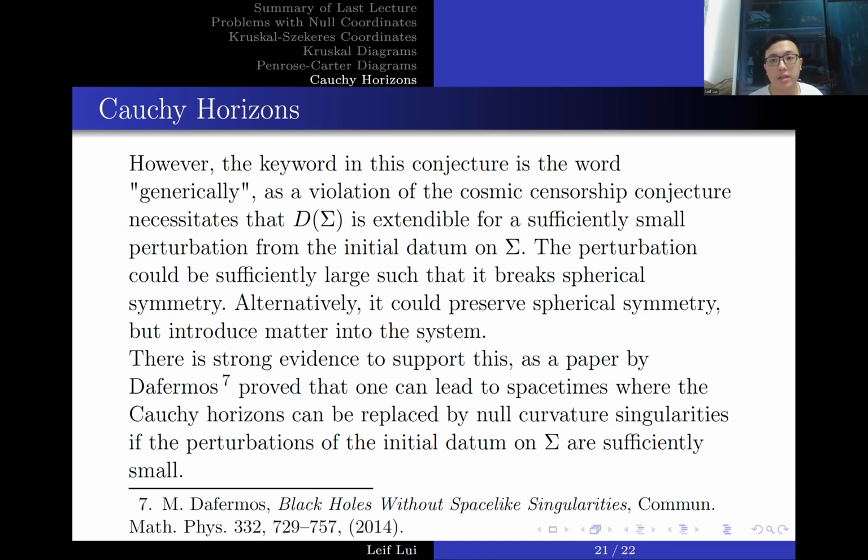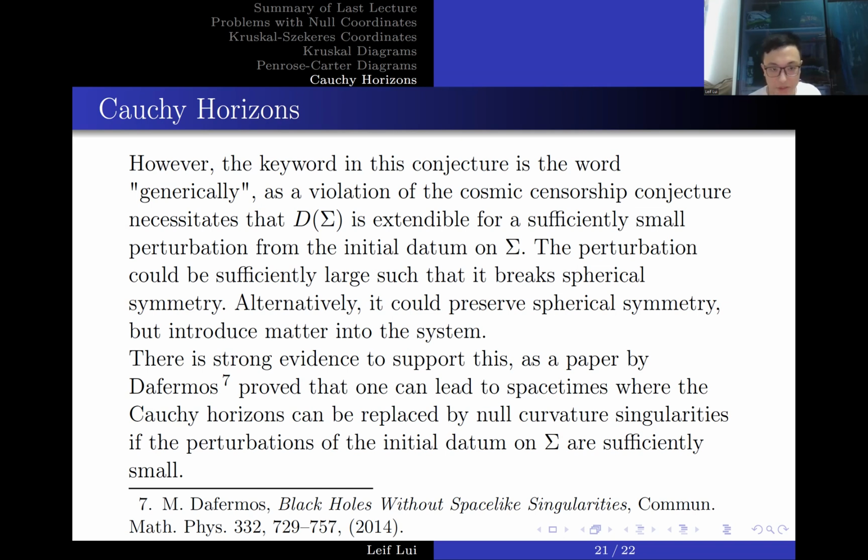The reason why this does not violate the strong cosmic censorship conjecture is that the perturbation could be sufficiently large such that it breaks spherical symmetry, or alternatively, it could preserve spherical symmetry, but introduce matter into the system.